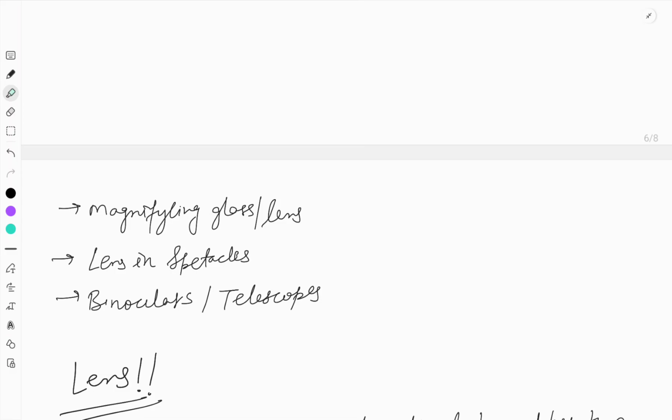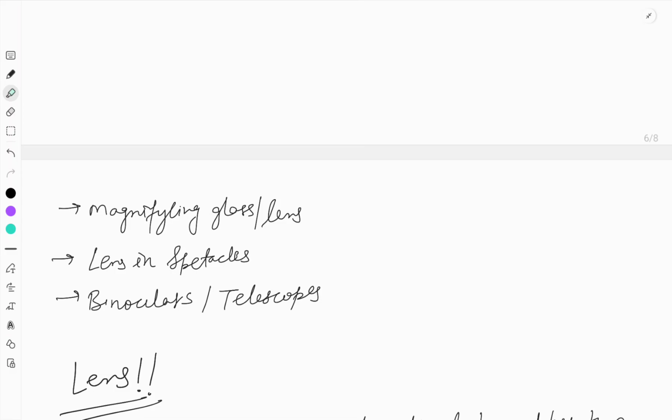Lens and spectacles. A lot of people in the world wear spectacles to see clearly. They cannot see clearly with their eyes, and they are prescribed glasses by the doctor. How do those lenses work?